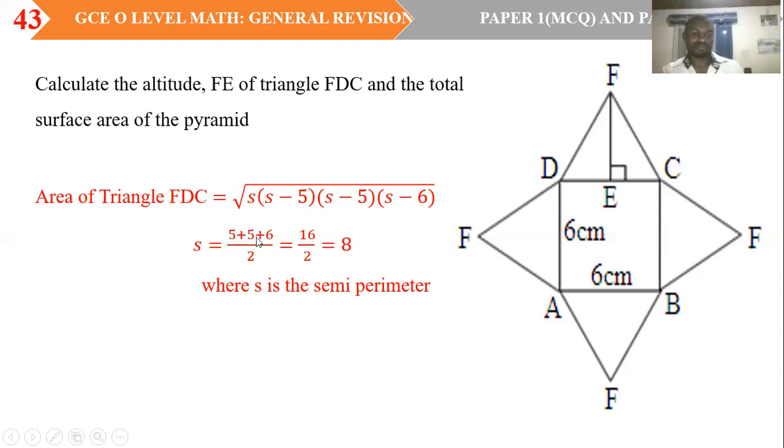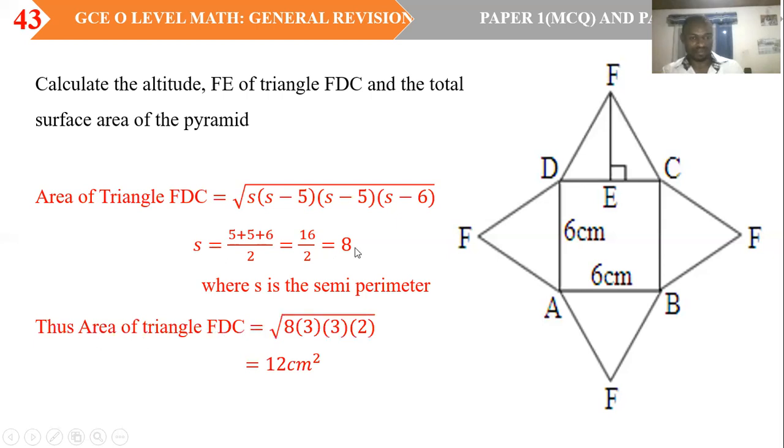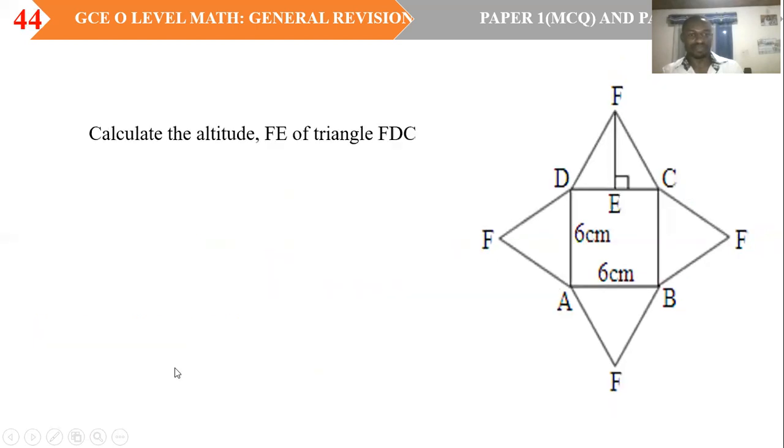We have 5 plus 5 plus 6 over 2. This is the semi-perimeter, which gives 8. Now, the area of triangle FDC will be 8 into 8 minus 5, which is 3, into 8 minus 5, which is 3, and into 8 minus 6, which is 2. So this simplifies to 12 centimeters squared.